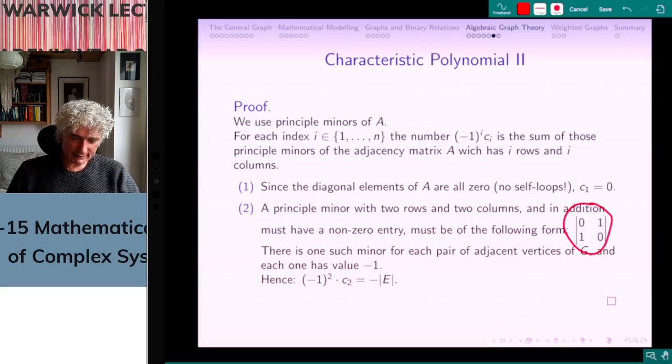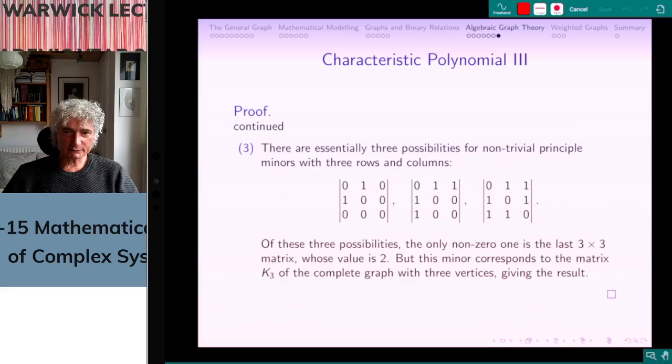This means that -1 to the power 2 times this coefficient C2 is exactly minus the number of edges, which is here notated in this way.